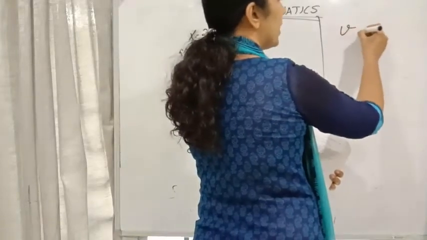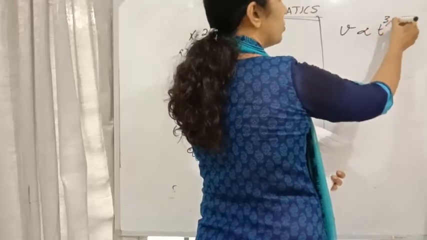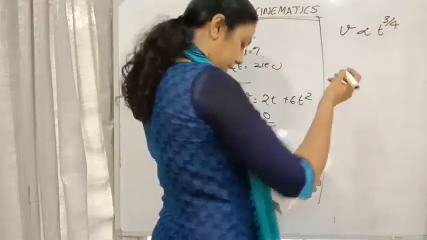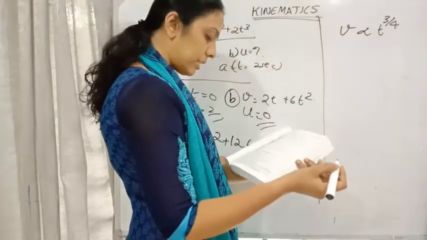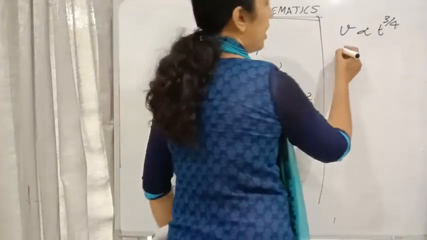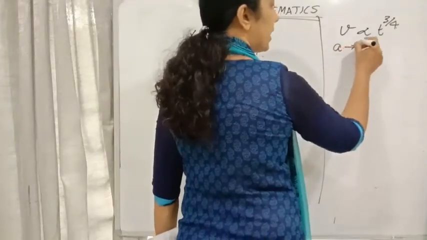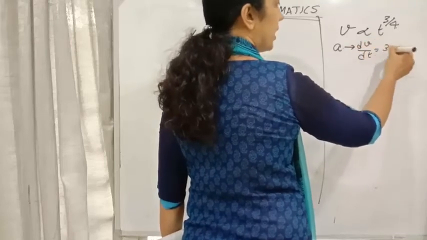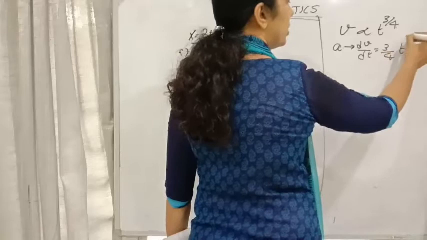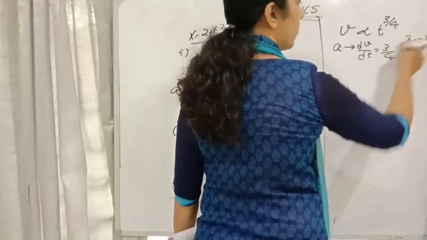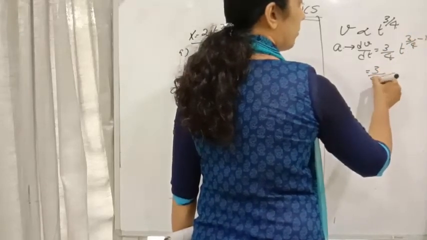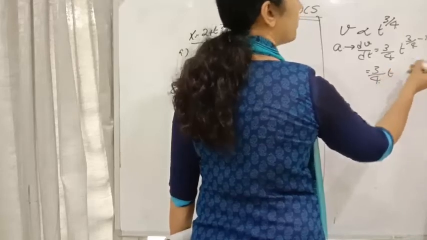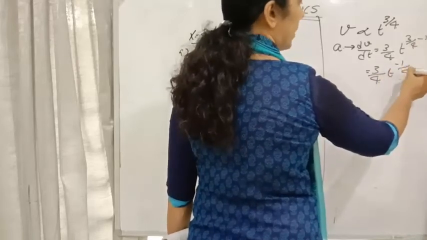How do the displacement and acceleration depend on time? So velocity is directly proportional to t to the power 3/4. Then how can we find the displacement and acceleration? To find the acceleration, dv by dt, which we will get as 3 by 4 t to the power 3 by 4 minus 1. So here, 3 by 4 t to the power minus 1 by 4.